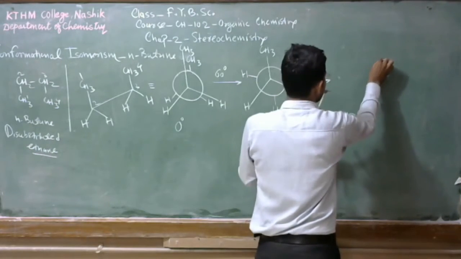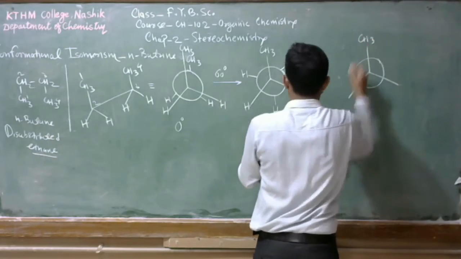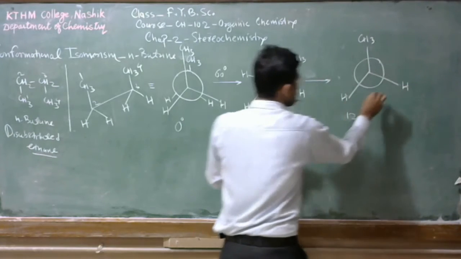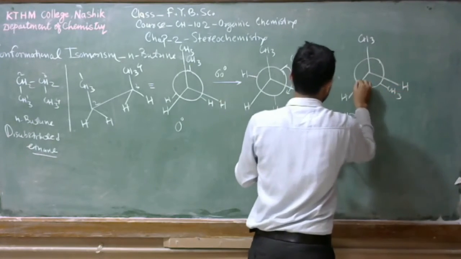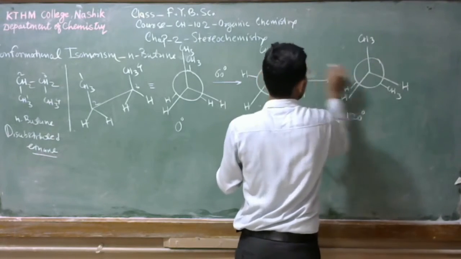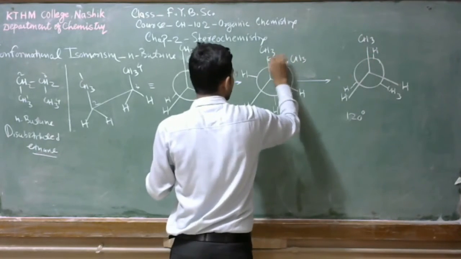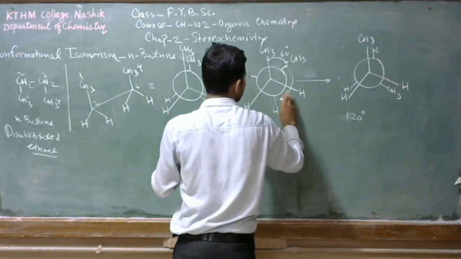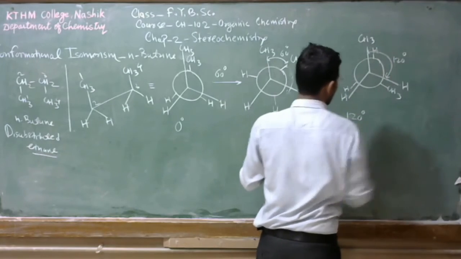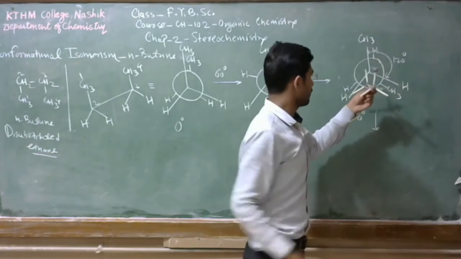The front carbon groups are as they were, but on the back carbon the methyl comes to this position, then H comes to this position, then H comes to this position. Here the methyl group came to this position by angle 60, and here by angle 120. So at angle 120 we get this kind of conformation.